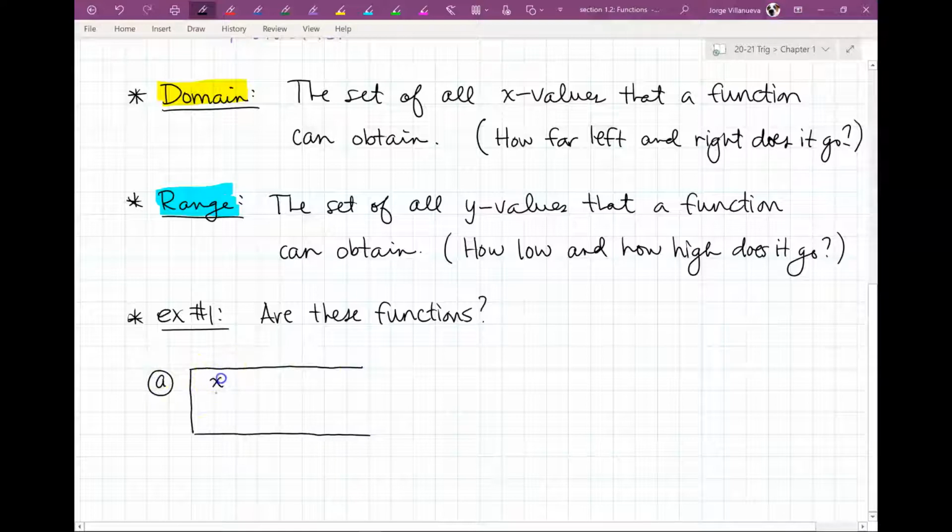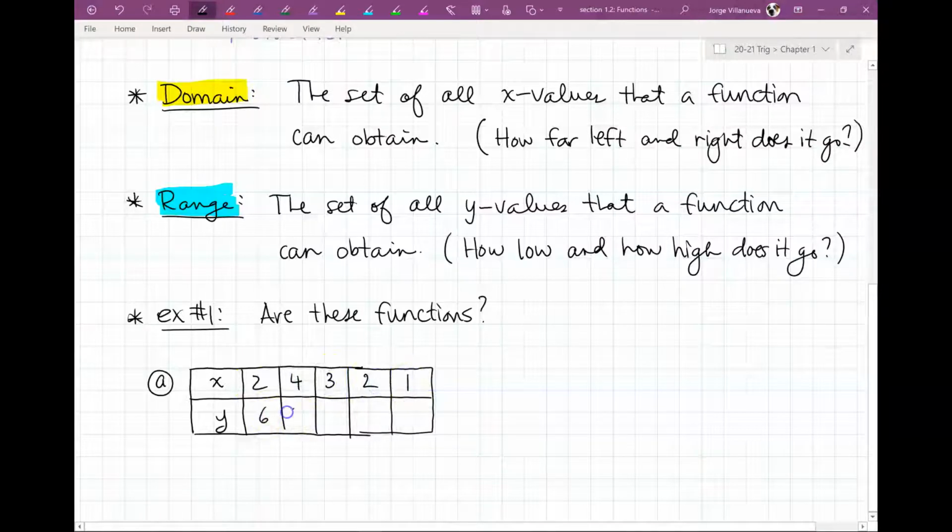Here's my x and y. I need 5 spots. So 1, 2, 3, 4, 5. So put 2, 4, 3, 2, 1, 6, 0, 2, 1, 3. So that's one of them.